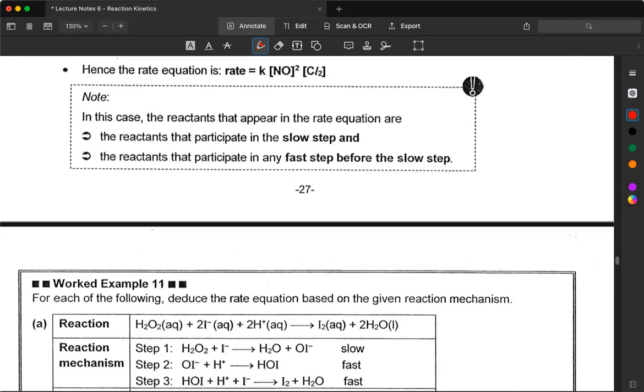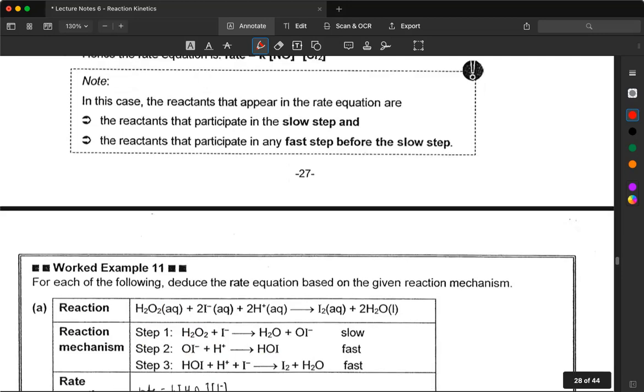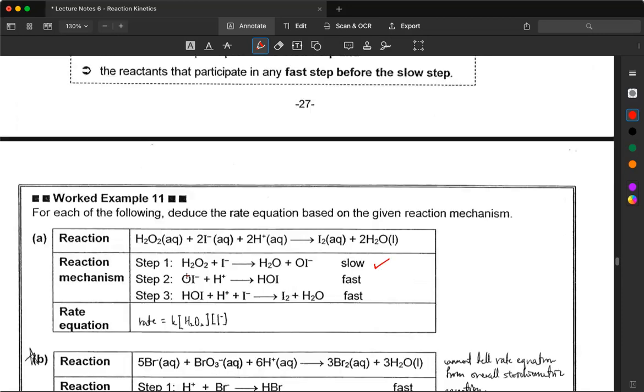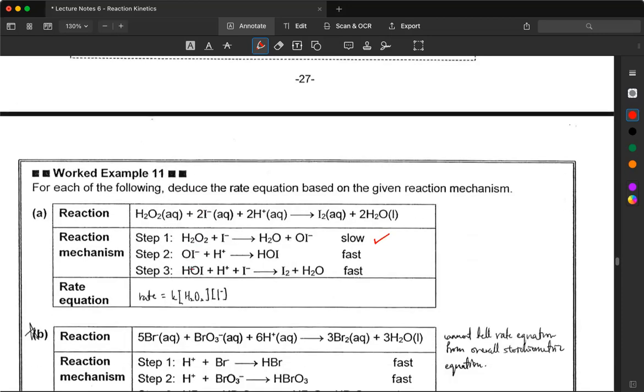Then HOI plus H plus I minus. How do you deduce? You just focus on the slow step first, then you write it like that, the end. Because these two are fast steps, forget them. Quite straightforward for this one. You just ignore the fast steps for this example.